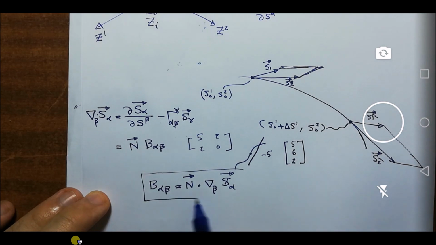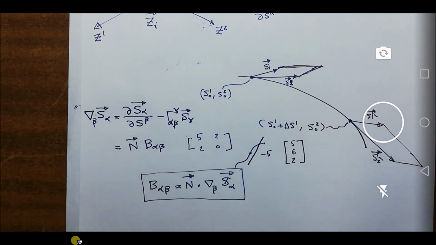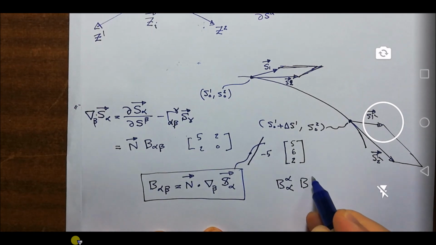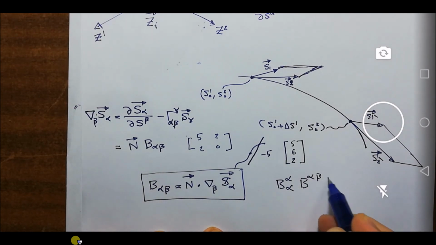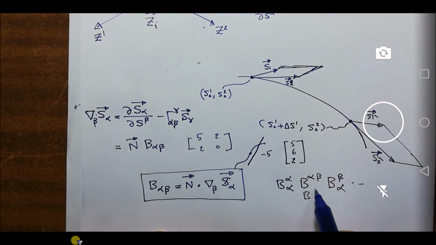So this is an explicit formula for calculating the curvature tensor, that is B. And since it's a tensor, you can juggle the indices, so you can have B alpha alpha, that is the mean curvature tensor. You can have B alpha beta, B beta alpha, or anything. By the way, it's symmetric, so B alpha beta is equal to B beta alpha.